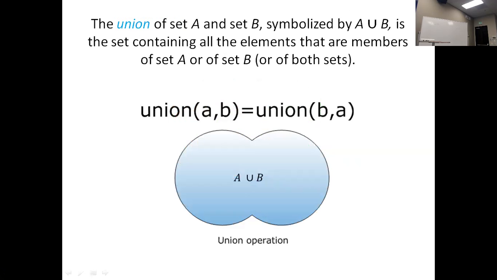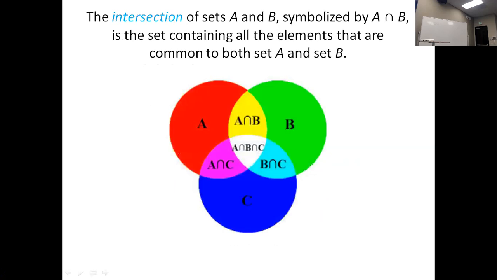Now, the union of sets A and B is symbolized by that sign which looks like a U, A ∪ B. It is a set containing all the elements in both of them, set A and B. This is called the union operation. For example, in our previous picture, the union would be all the people who come to any of the meetings.